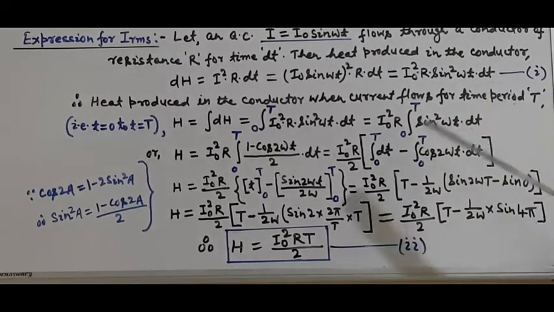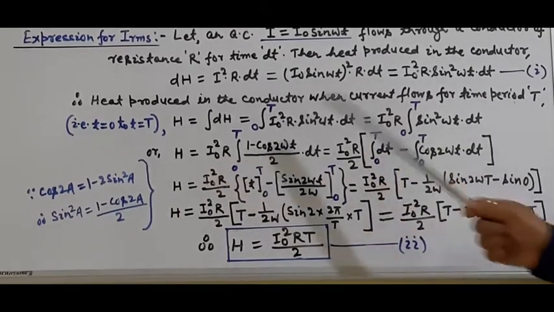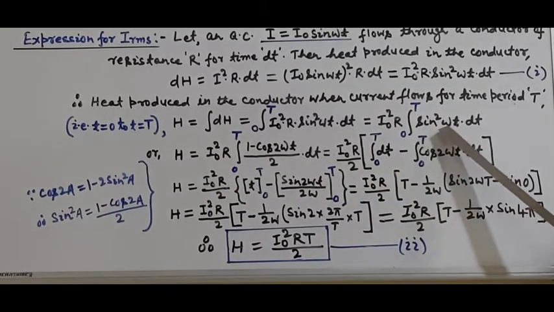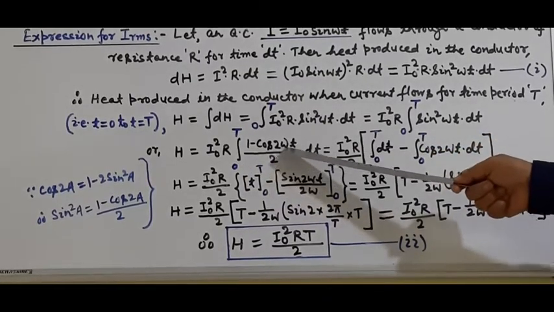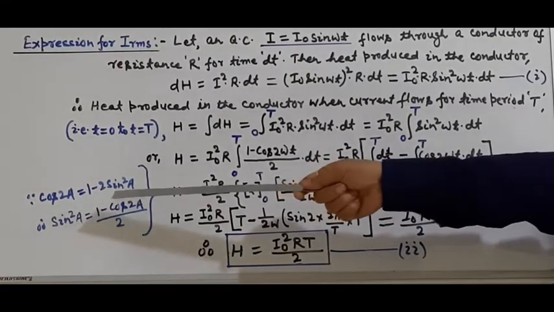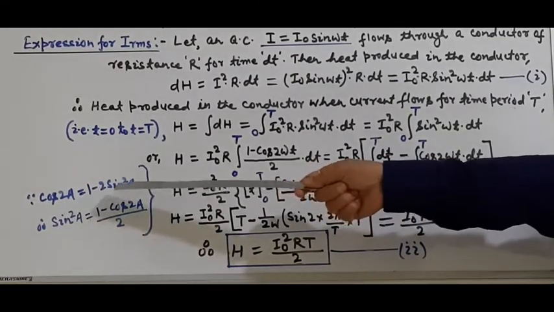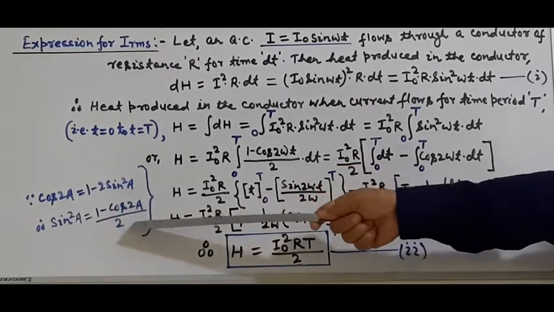At the next step, H is equal to I naught square R, and sin square omega t will be written as 1 minus cos 2 omega t by 2, dt. You know this well from trigonometry. How? Because this is the formula: cos 2A is equal to 1 minus 2 sin square A. So sin square A is equal to 1 minus cos 2A by 2.